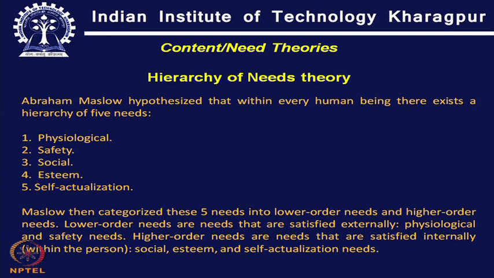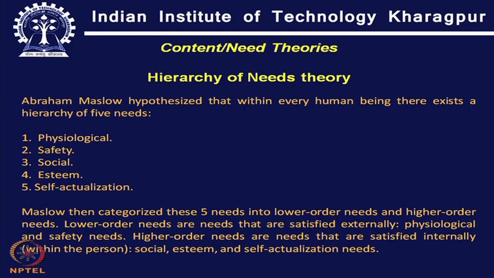These 5 needs are physiological needs, safety needs, social needs, esteem needs, and self actualization needs. Maslow categorized these 5 needs into lower order needs and higher order needs.